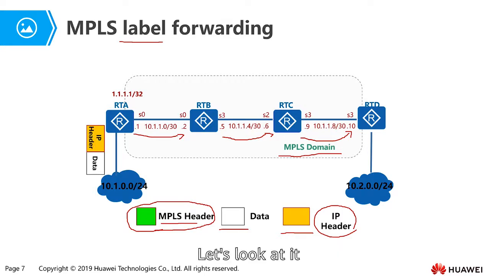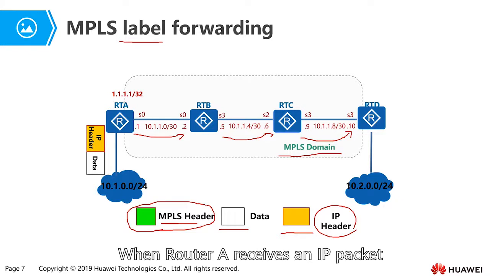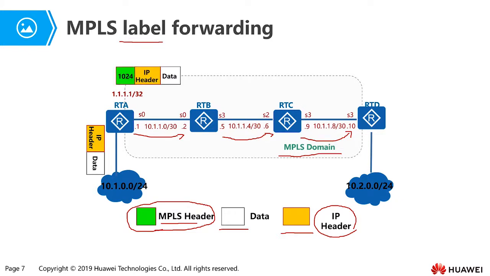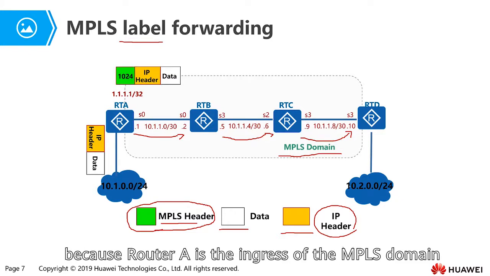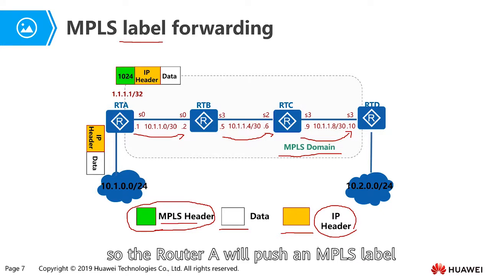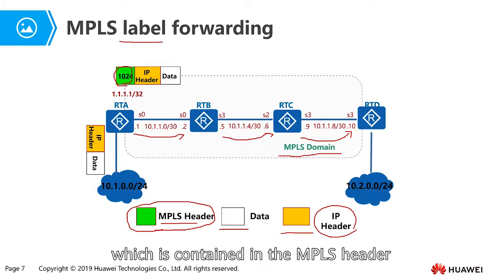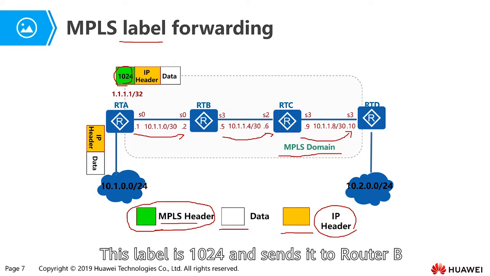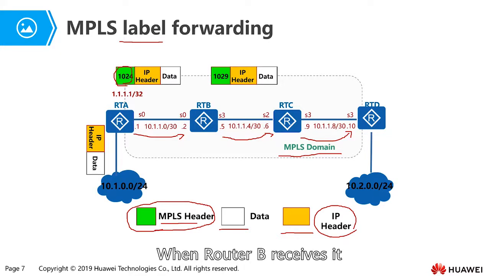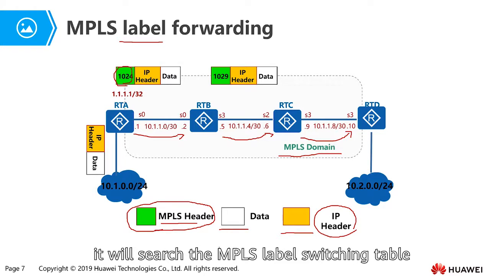Let's look at it. When router A receives an IP packet, because router A is the ingress of the MPLS domain, it will push an MPLS label. This label is contained in the MPLS header. The label is 1024, and it is sent to router B. When router B receives it, it searches the MPLS label switching table.